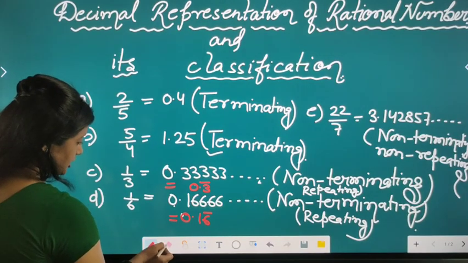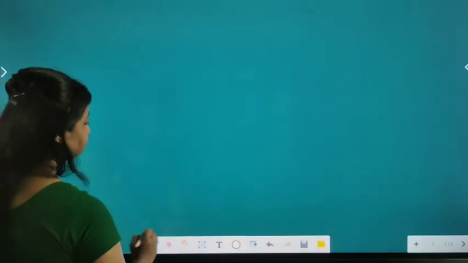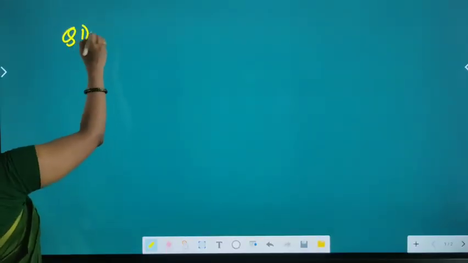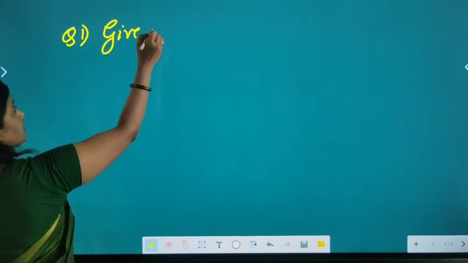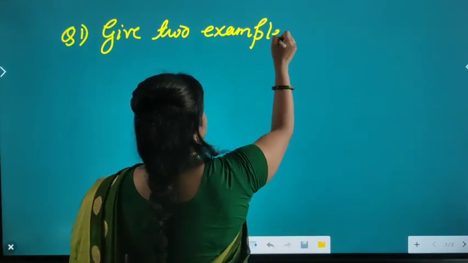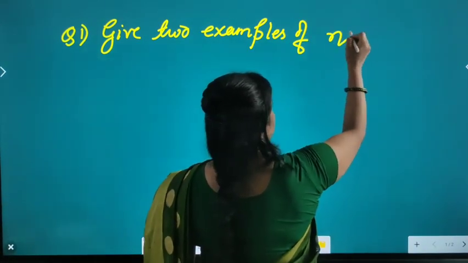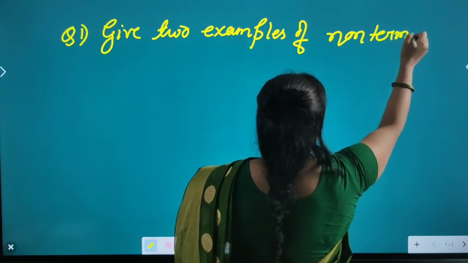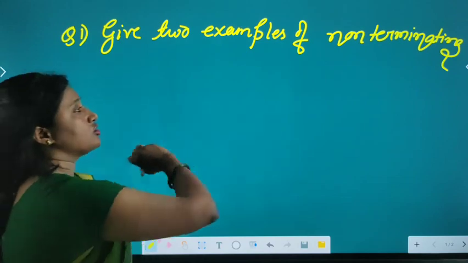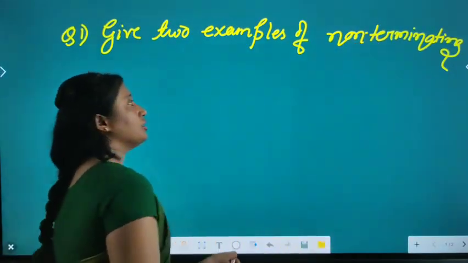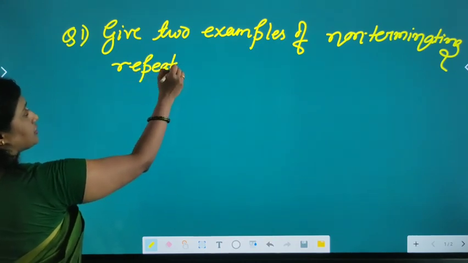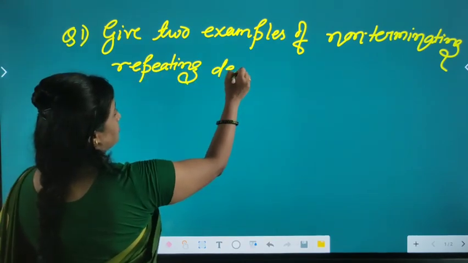Now let me give you a few questions. Just look at here how the question comes. Suppose question number 1: give two examples of non-terminating repeating decimal number.